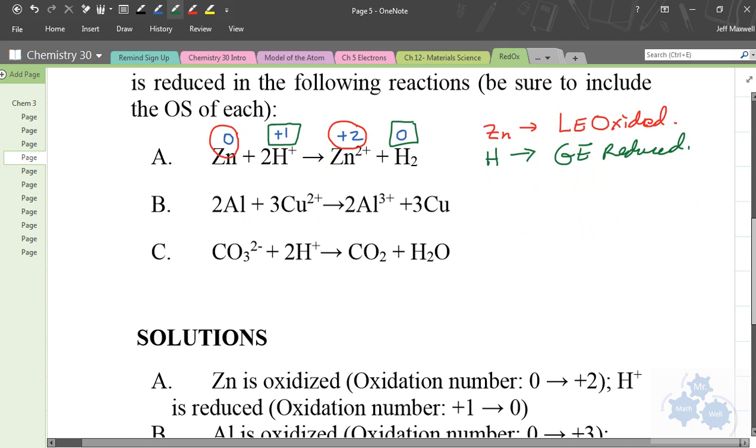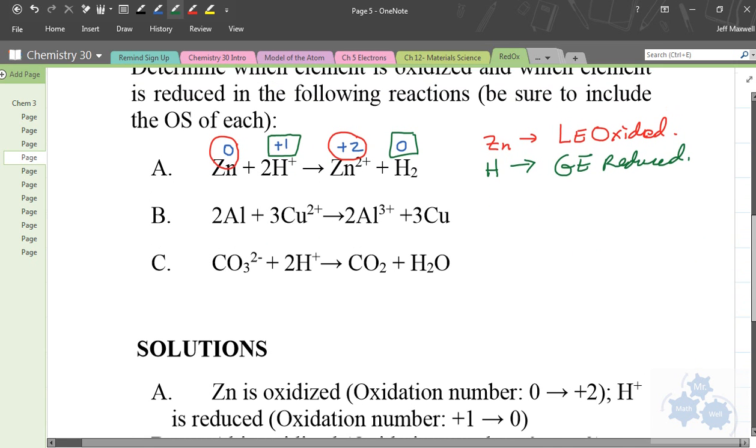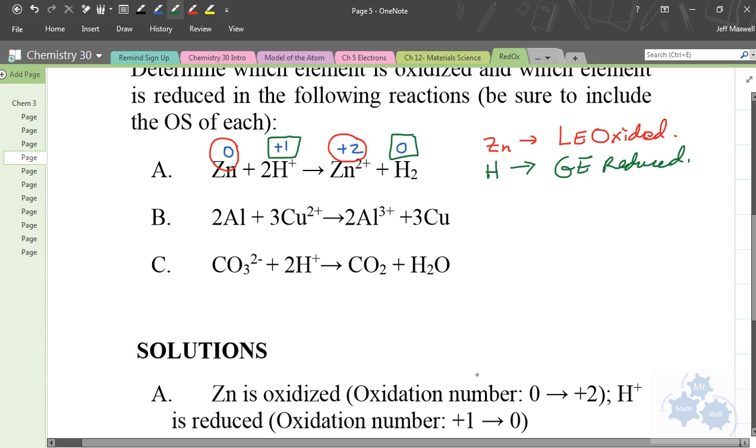Okay? So we look down here. A, zinc is oxidized, and the hydrogen ion is reduced. So whatever it is here that is actually gaining the electrons or losing, you want to write that in. So here it's the element zinc, here it's the ion, so whatever. Okay? Does that make sense?